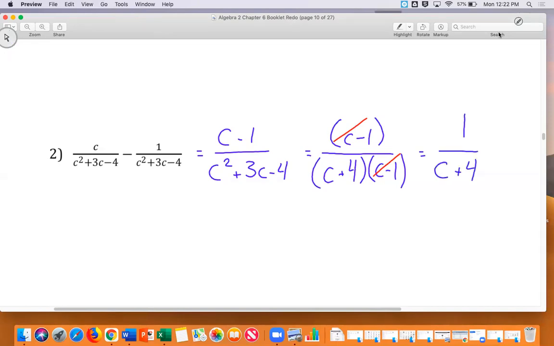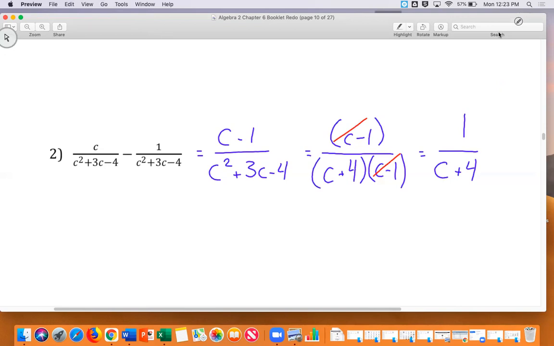So the whole point of this is when I add or subtract these fractions, I'm going to get a rational expression. I'm going to have to check to see if I can factor the numerator and the denominator and see if I can cancel anything to give it to me in a simplified form.